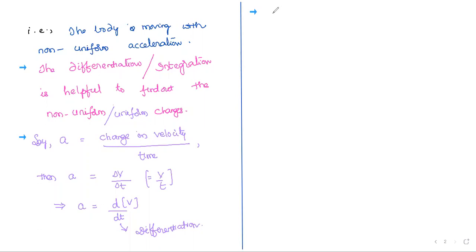Suppose I say y is a physical quantity changing uniformly or non-uniformly with respect to x. Then how to write this in differential form?